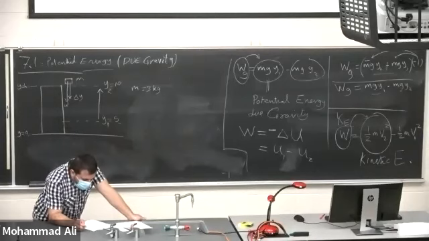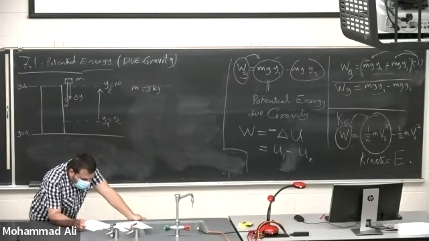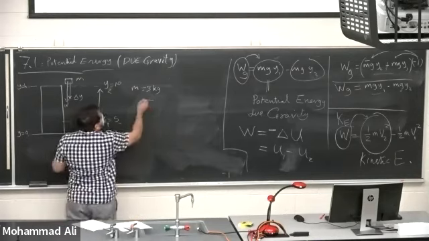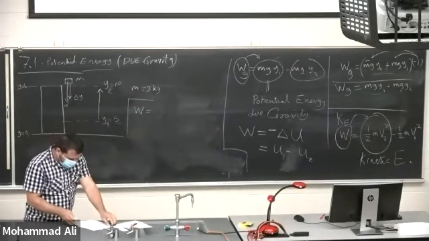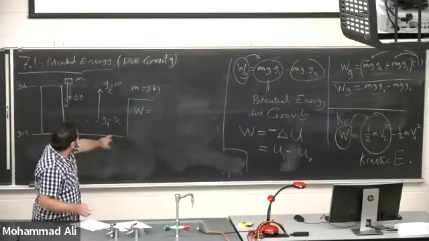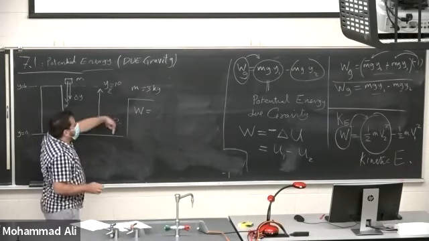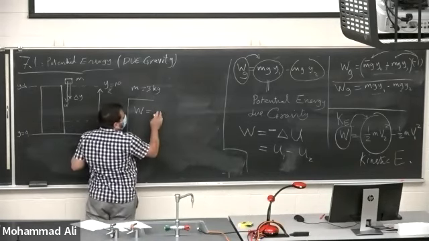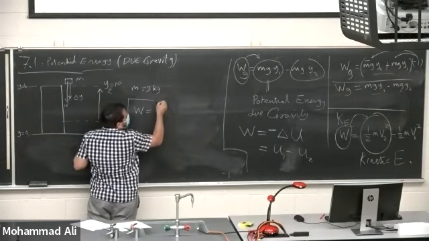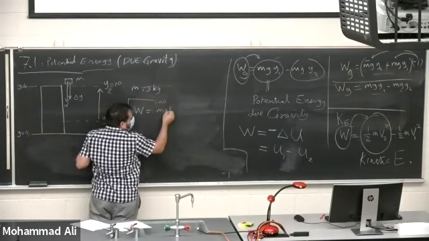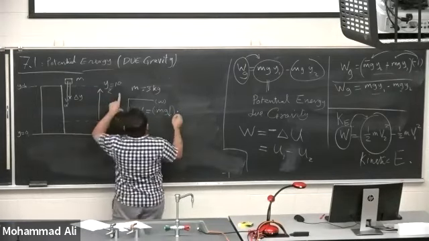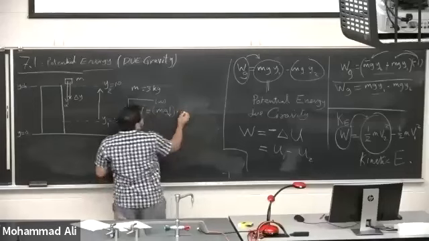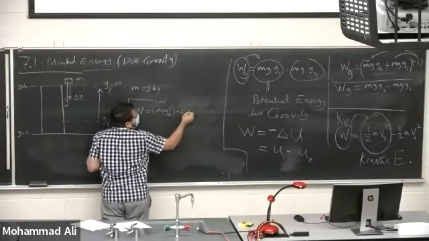So, compute the change in potential energy for this block. Now the work is equal to the weight downward, or mg, multiplied as a dot product by delta y, delta y upward.